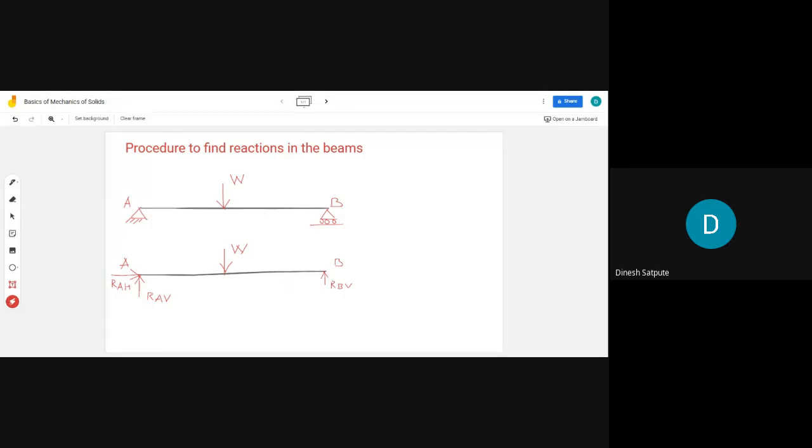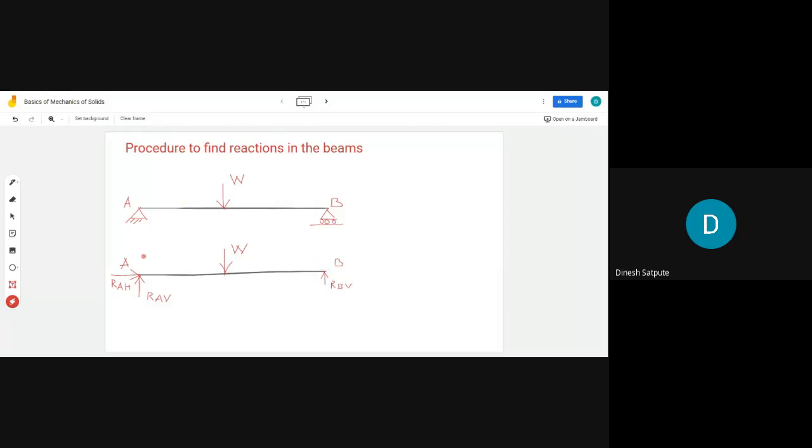Meanwhile, to conclude with this, you must know how many reactions are acting at hinge and at roller. A typical simply supported beam consists of hinge and roller. Hinge consists of two reactions, roller consists of only one reaction, that is acting in upward direction.